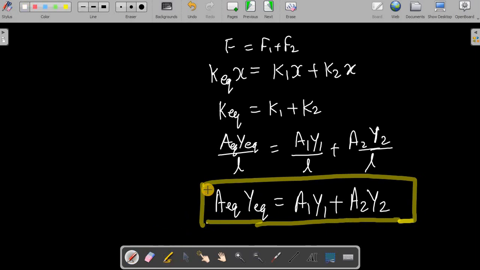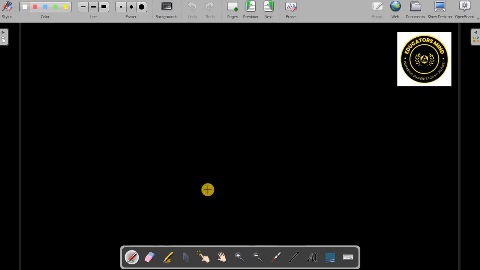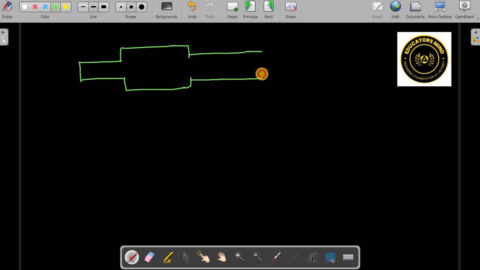Okay, then next. Sometimes there can be a rod which has different cross sections. For example, like this, then like this, and then some different cross sections like this.